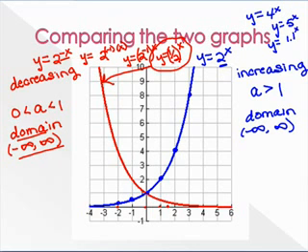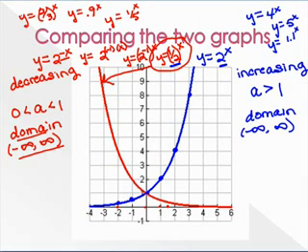And then likewise, if we go over to the red one, if the a here is between 0 and 1, so like 2/3, oh, I better use red. So if I have y is equal to the 2/3 x, or y is equal to the 0.9x, or y is equal to the 1/5 x, then it's a decreasing function, and it's going to look like the red one.